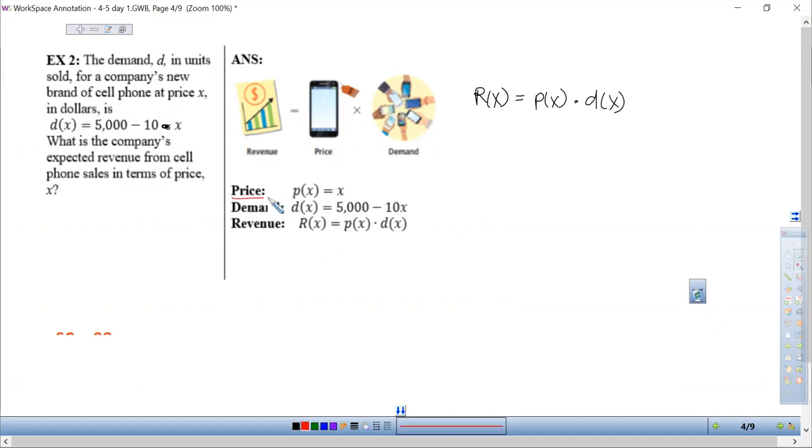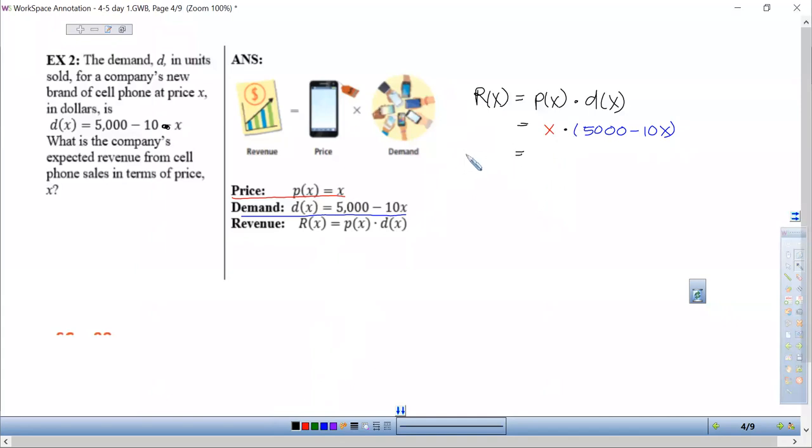So the price is just X times the demand, which is 5,000 minus 10x. So we're going to do x times 5,000 minus 10x. So what this means is that we're really just distributing that x.